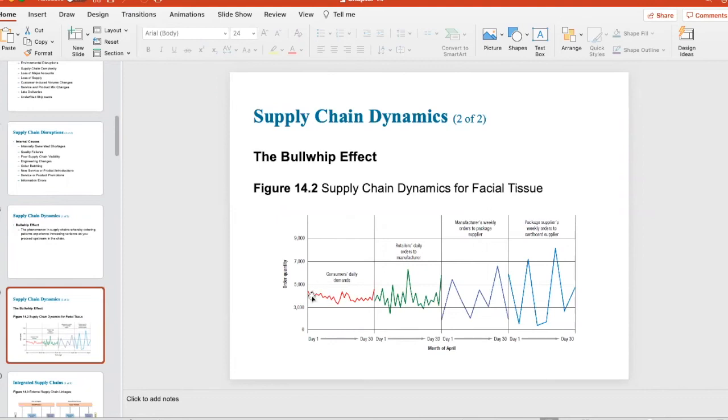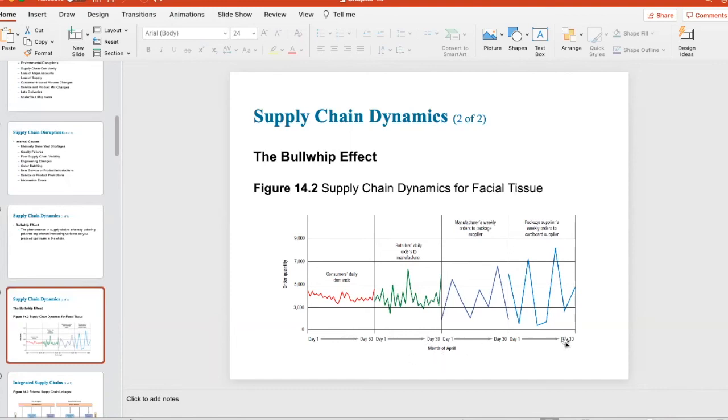Here, suppose we know that there is some small variation within the downstream firm. We basically show that there's some small variation from customer daily demands. However, as this small variation goes back to the upstream firms within the same supply chain, you can see that the variation itself becomes larger and larger when it moves back to more and more upstream firms.